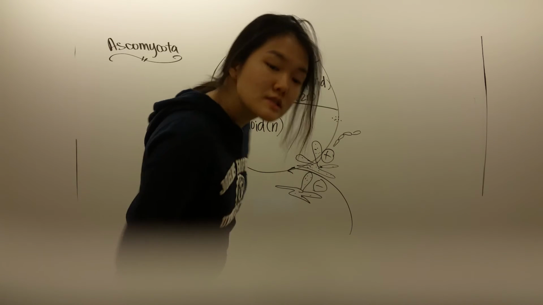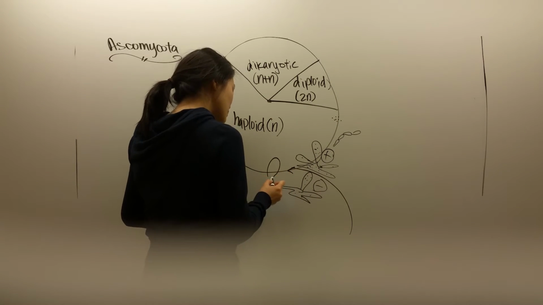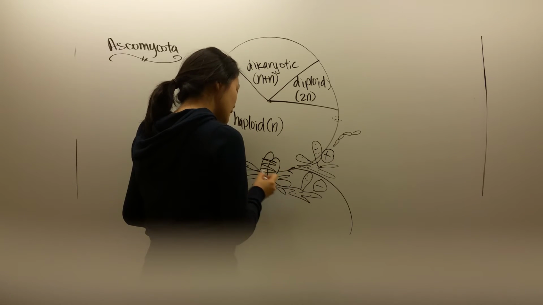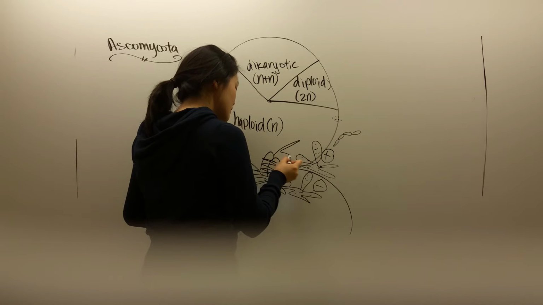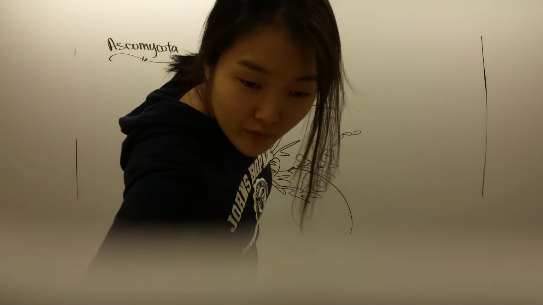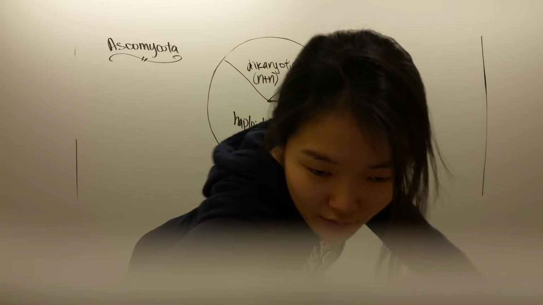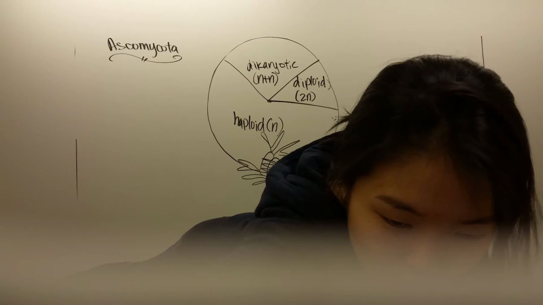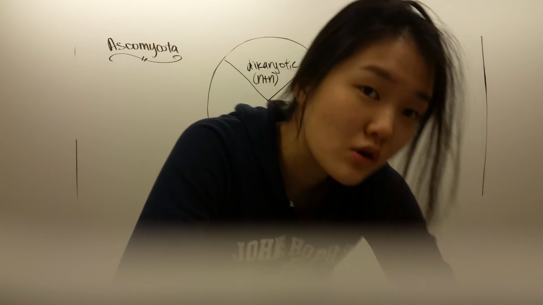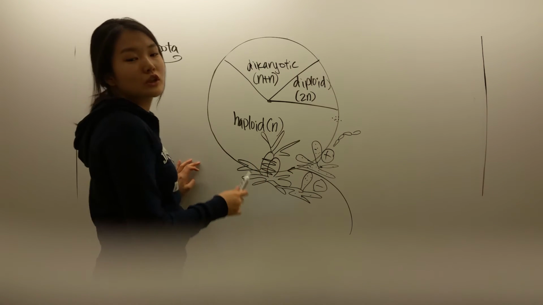After they fuse, they start creating more hyphae. And when they do fuse, that means there's two different types of N. So this is no longer haploid when they, oh wait, what?